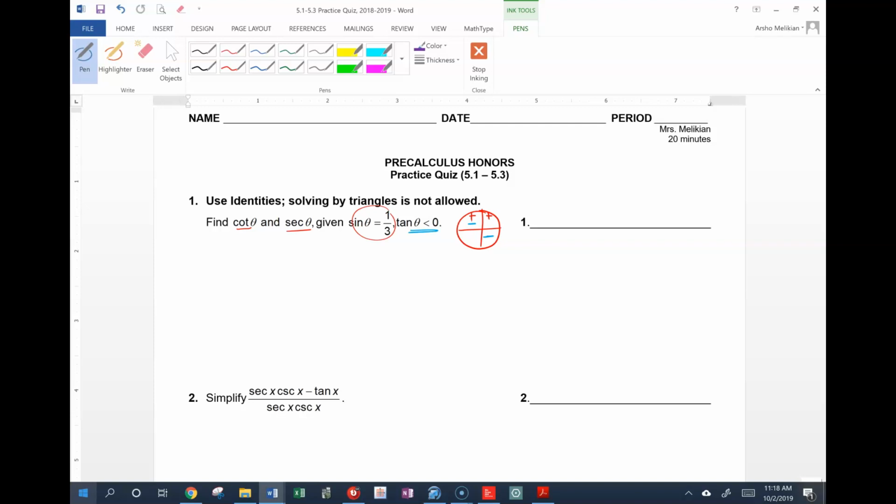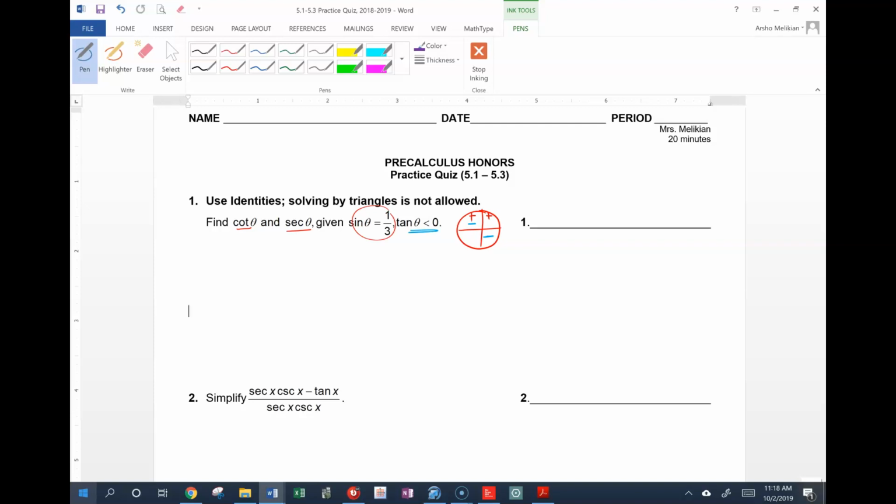Once you have cosine, you can also find cotangent because it's cosine and sine divided by one another. So, since I have sine, why don't I use that first Pythagorean identity? Sine squared plus cosine squared equals 1, and then cosine will give me secant, and from there I can find cotangent.